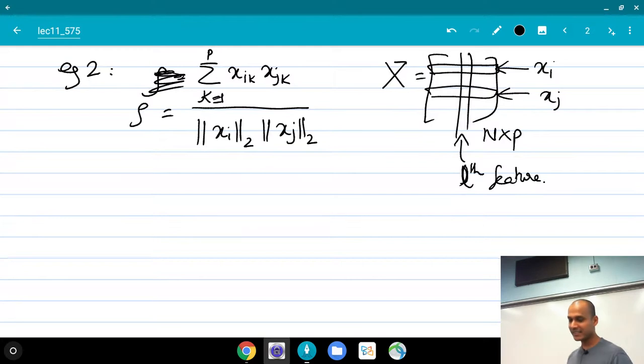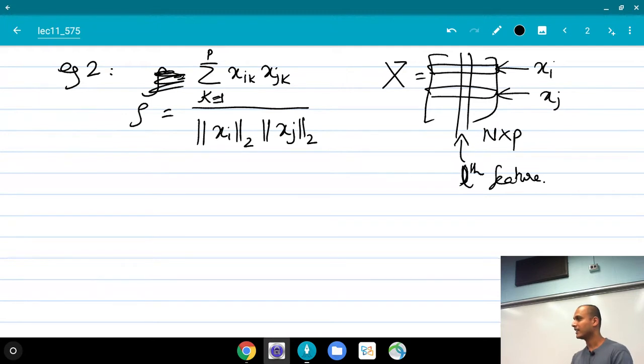Here I'm saying any two vectors, you can multiply the entries. There's a formal definition of correlation, right? You take x minus expectation of x, y minus expectation of y, divided by the standard deviation of x and the standard deviation of y. Same thing. I just removed the means from each column, so the expectation of x is 0.